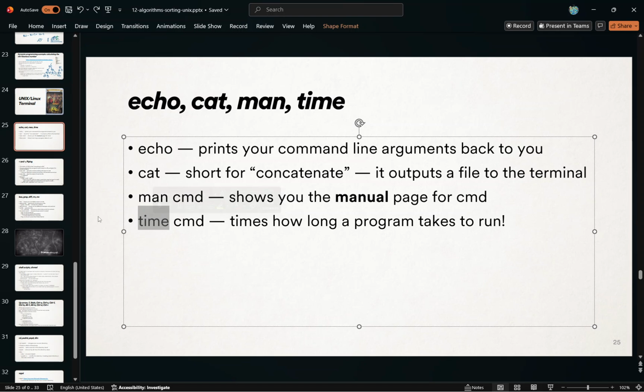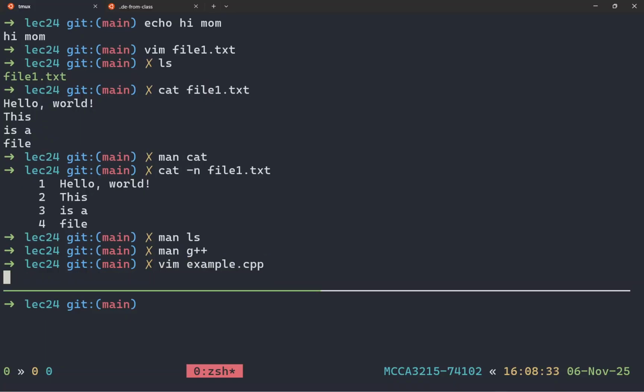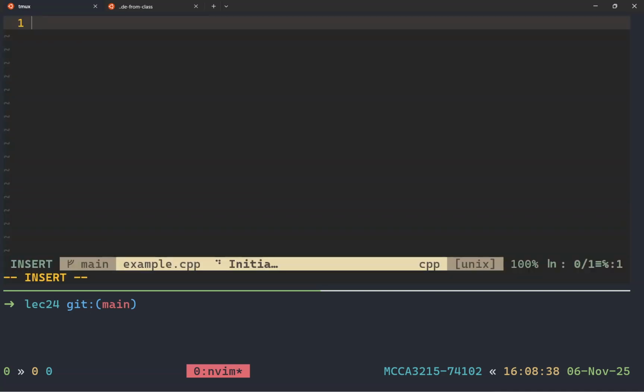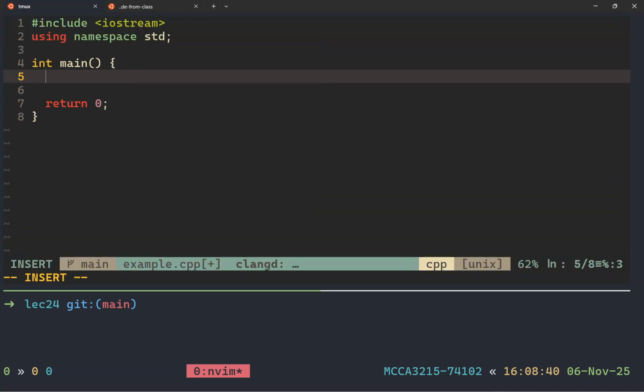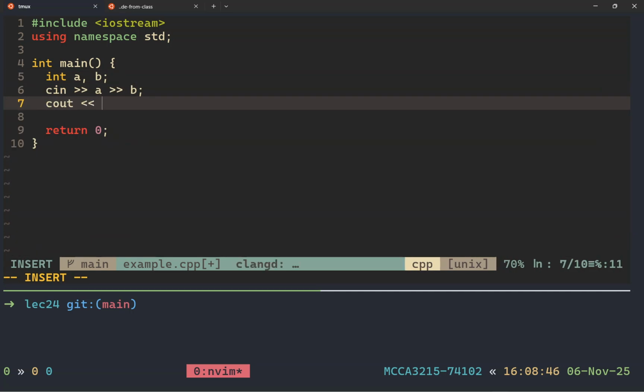So what's a good example? Let's make a C++ program really quick and we'll time how long it took. Example.cpp. Let's ask it for two things, have it let us enter two numbers, and it will output their sum, something simple like that.